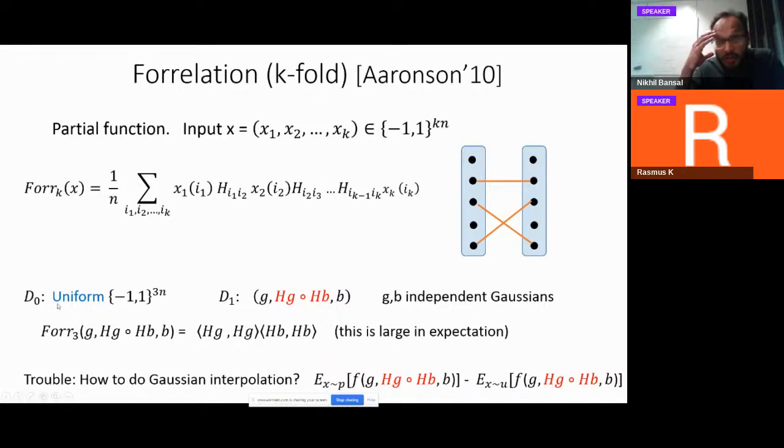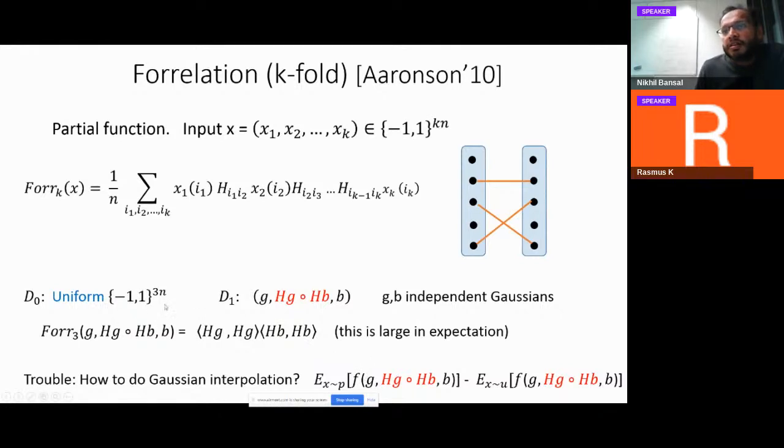Again, we want to show that any decision tree takes a lot of depth to distinguish them. So we'll do the standard thing: come up with 2 distributions, D0 and D1, one on 0 inputs and one on 1 inputs, where this correlation function takes different values, and show that any classical decision tree cannot distinguish them.